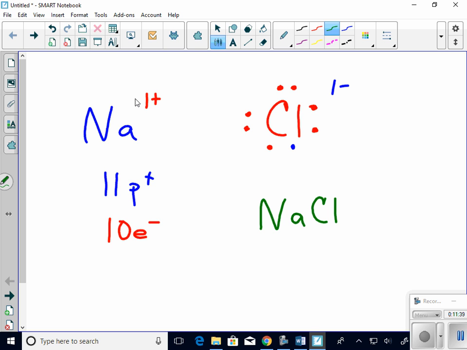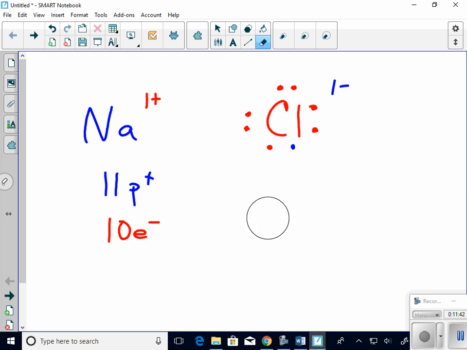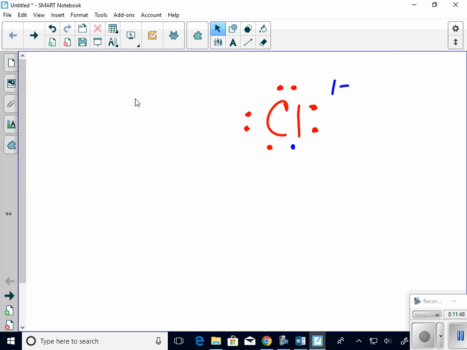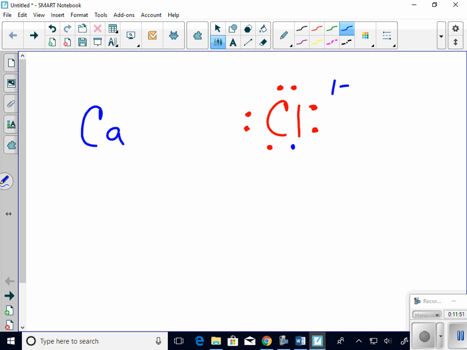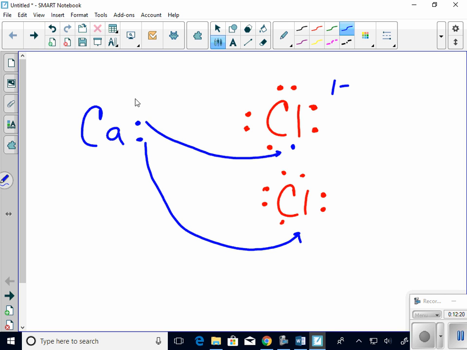Now, let me show you when it's a little bit different, okay? When it's a little bit different is if I've got calcium, all right? Calcium has 2 electrons that it wants to get rid of, correct? So what happens is that we are going to have a second chlorine. Because now the 1 electron will go there, the second electron will come right here.